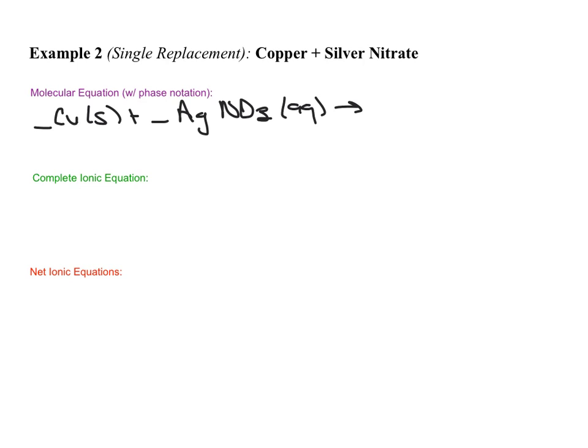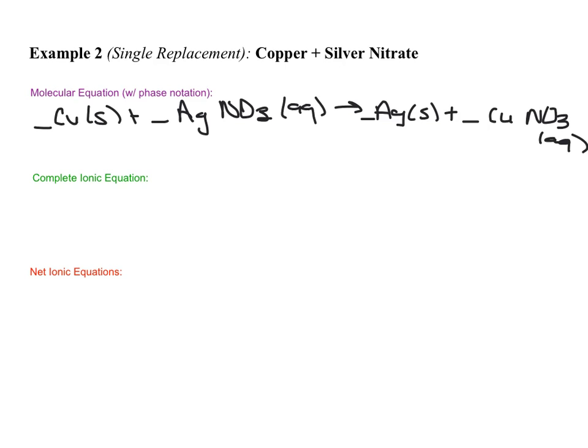It's barely, right? It's right on top of silver, but it is. So which means silver is going to be by itself. Metals are solids. And then we're going to have a compound made with copper and nitrate. Anything nitrate is aqueous. But we do need to look up the charge on copper since there's no way to tell. You have to check, just choose the most common.